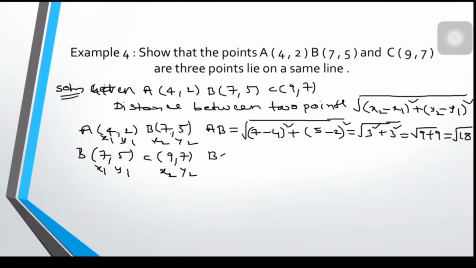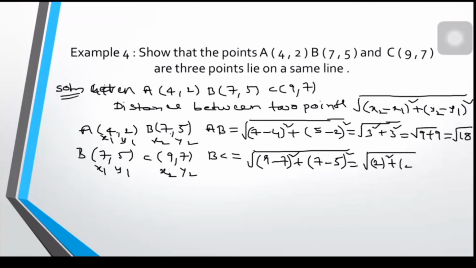So BC is equal to root of (x2 minus x1) whole square, which is (9 minus 7) whole square, plus (y2 minus y1), which is (7 minus 5) whole square. (9 minus 7) whole square is 2 square plus (7 minus 5) whole square is 2 square. 2 square plus 2 square, 4 plus 4, root 8.